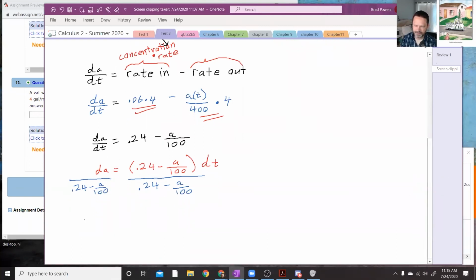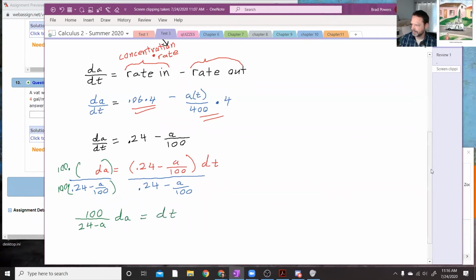And now, well, I don't know. What is that? That's just terrible. Let's multiply top and bottom by 100. Make that look a little nicer here. So times 100 times 100. Okay, so we're going to get 100 over 24 minus A dA is equal to dt.